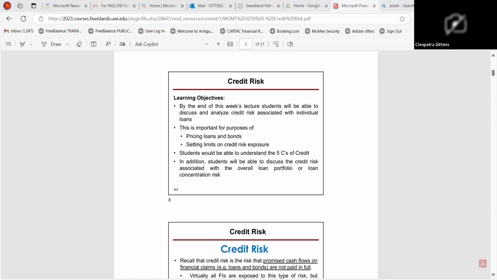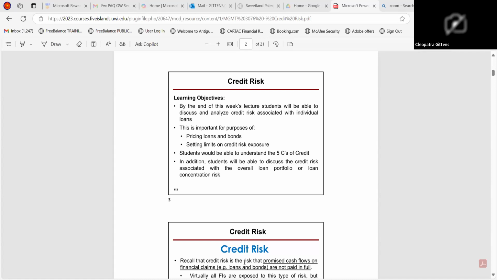But before we really get into what credit risk is, let's just have a look at the learning objectives for this particular lesson. By the end of the lecture, and by the time we have gone through the tutorial, you're going to be able to discuss and analyze credit risk associated with individual loans. You're also going to be able to discuss credit risk associated with the overall loan portfolio, or loan concentration risk, as it is called, right?